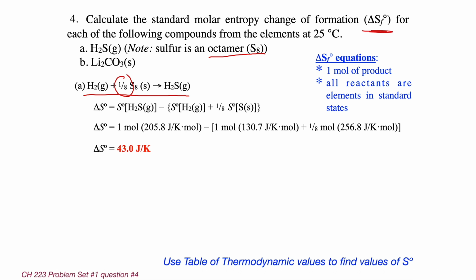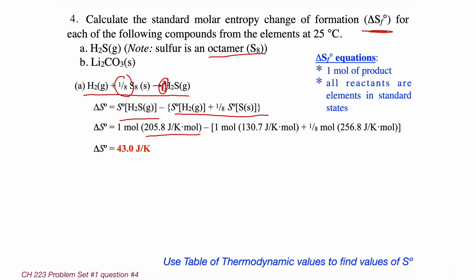We must have just 1 mole of product there. We can't have 2 or 8 or anything like that. So me, as a chemist who hates fractions, I have to use fractions here. What am I going to do? But anyway, after you figure that out, then delta S is the same as before. It's the products minus the reactants.